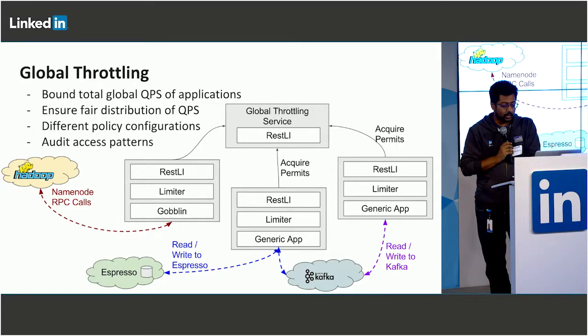This is also pretty generic. You don't have to use it just with Gobblin. You can integrate it with any kind of application that you have. So in this diagram, we have one Gobblin instance using it, and then there are two other generic apps which are just talking to the same throttling service.